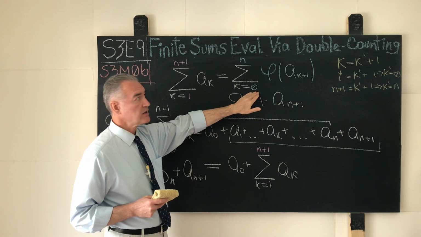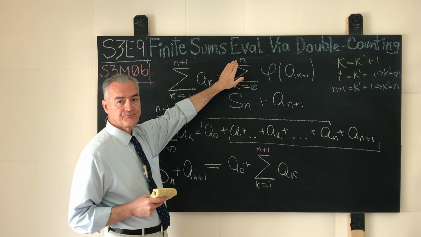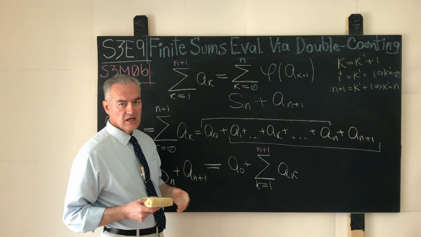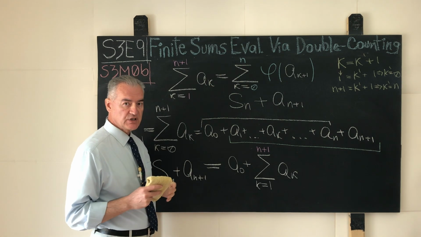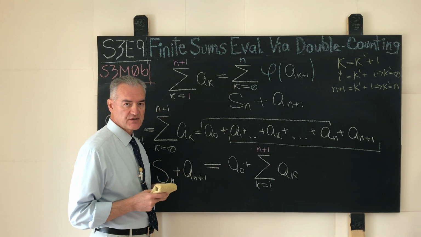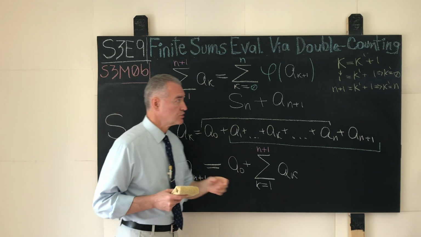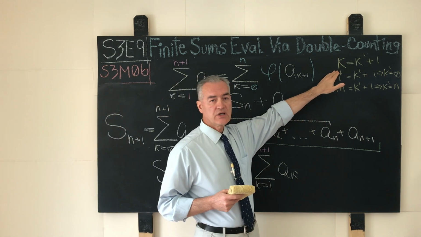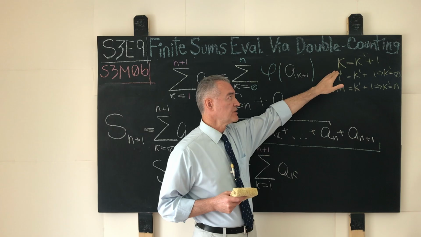Blue 0 at the bottom, blue n on top. If you are new to this reindexing business, then the good news is that there exists a purely mechanical way to do it. For example, I show this way in the upper right corner of your screen.